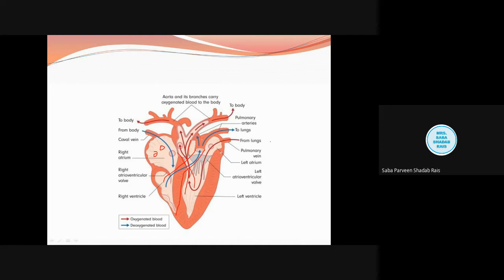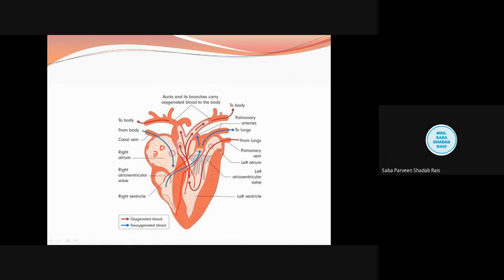So from the lungs, the blood will enter into the left auricle, or your left atrium. There will be four pulmonary veins, two from each lung, filling your left atrium.